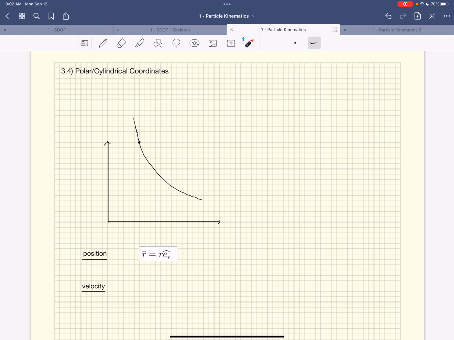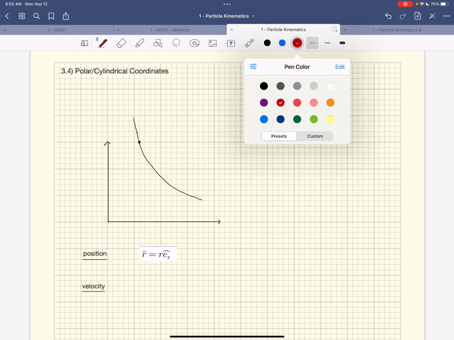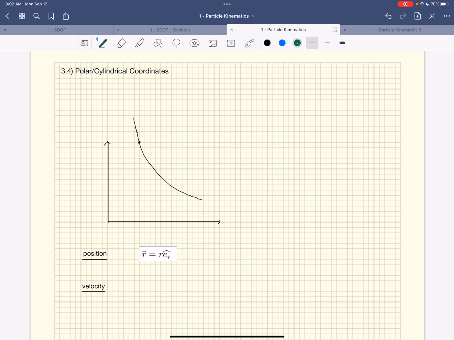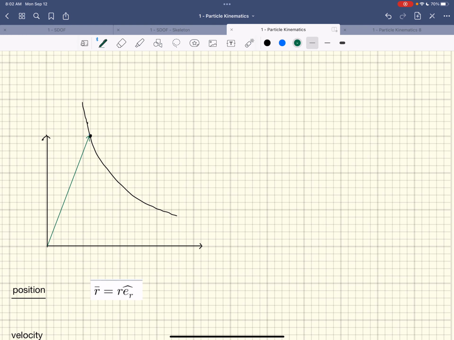All right, so the way polar coordinates work is we've got a vector that points from the baseline here to a point. This is a path that this particle is traveling along, and we're going to define its position based off of the origin with a vector that's pointed at that. That vector we're going to call r, and it has an angle theta off the horizontal right there.